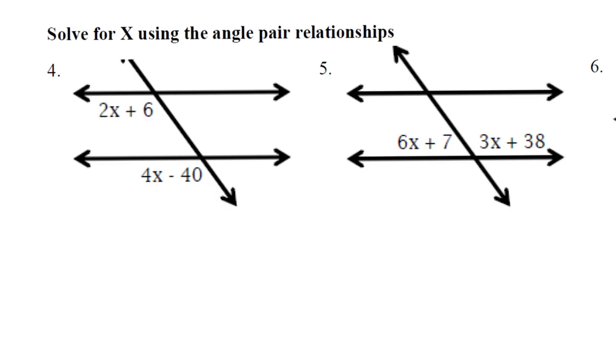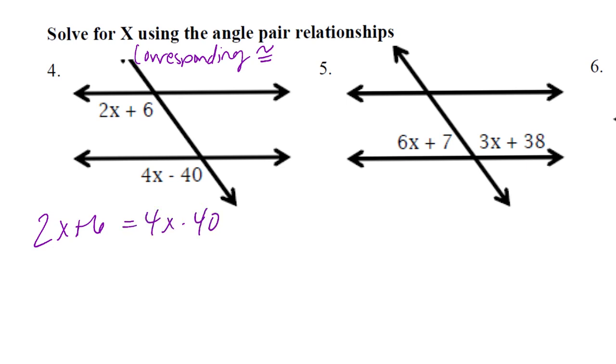Looking at these next problems, first thing you should do is identify the type of angles. That way you know if they are congruent or supplementary. So on number 4, these are corresponding angles, which means they are congruent. So I'm going to set 2x plus 6 equal to 4x minus 40 and solve.